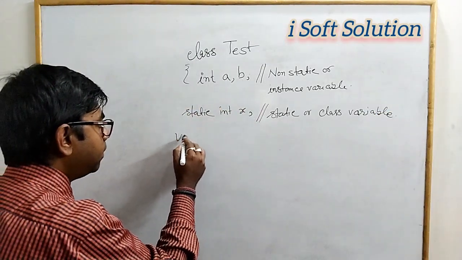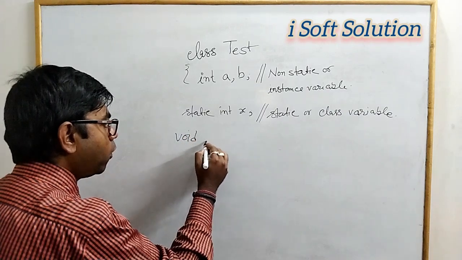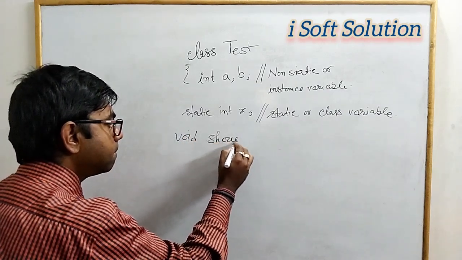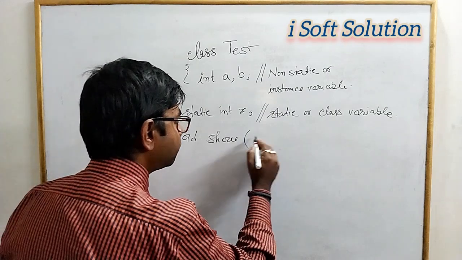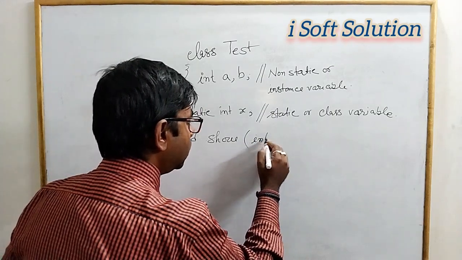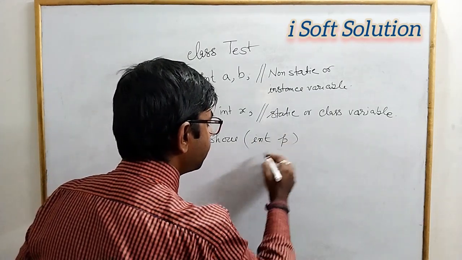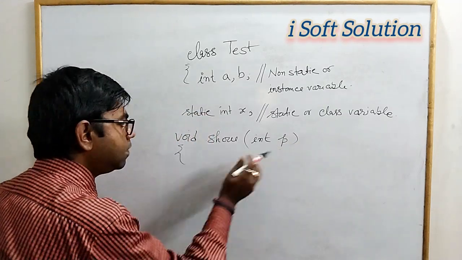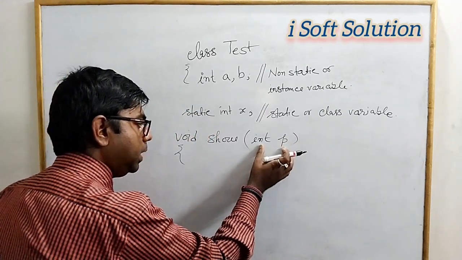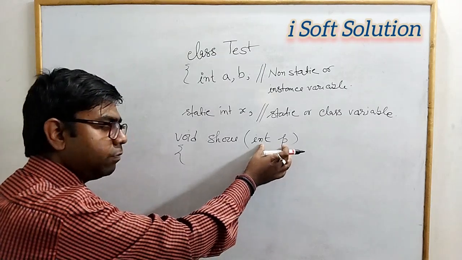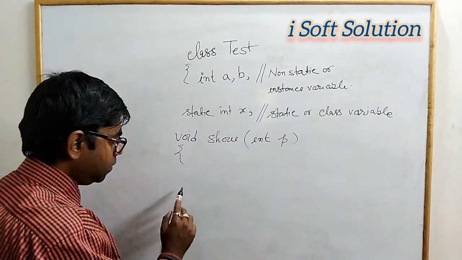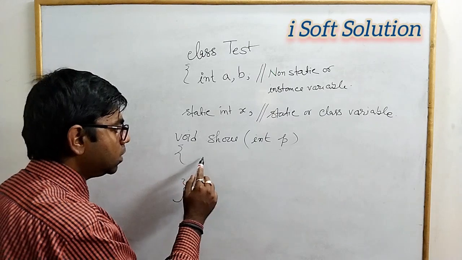Next, I have to write a method. Suppose void show and a parameter int p. Now this p is only available within the show method.